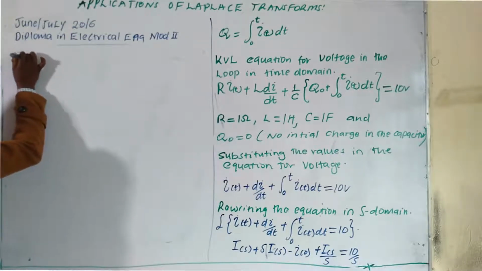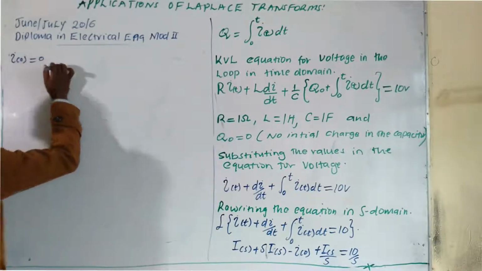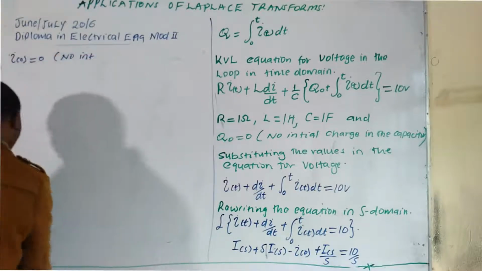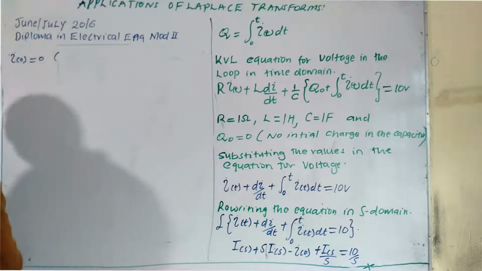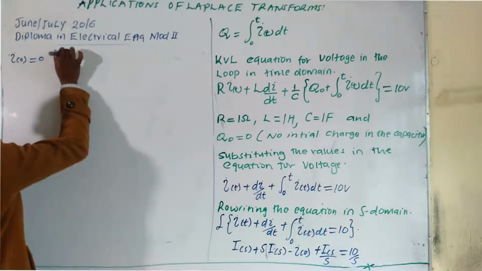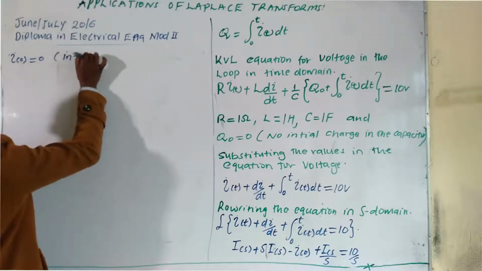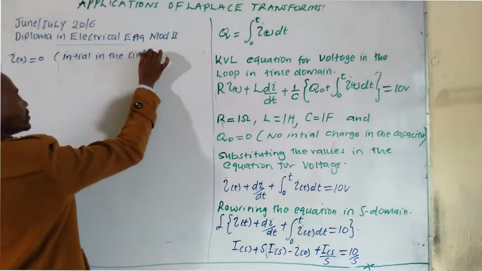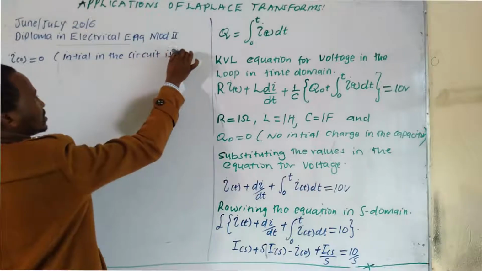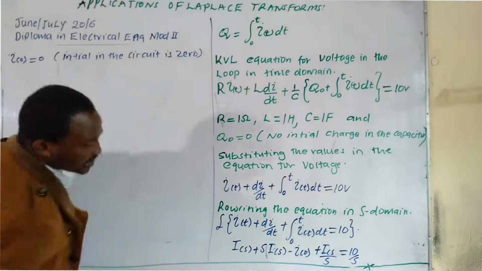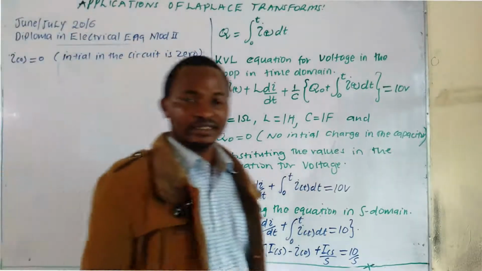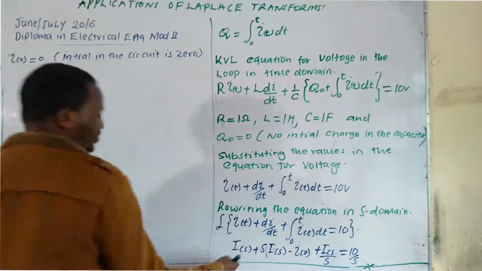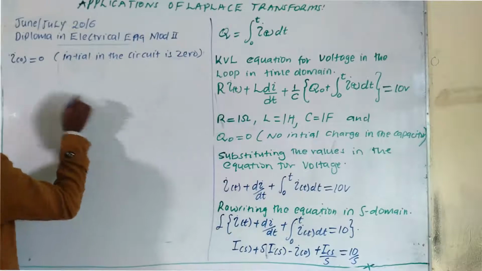Now here, I want to rearrange. I of 0 is equal to 0. Why? The initial current in the circuit is 0, because he has told us the circuit is dead by the time the switch is closed. How do we write the equation without that term?